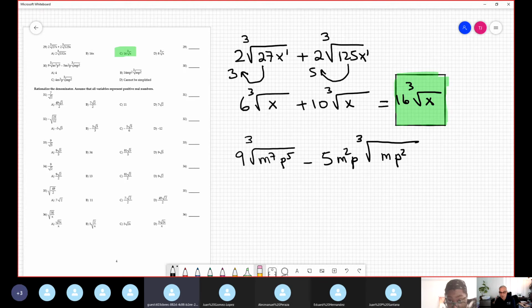It's obvious in the second term we cannot do anything, because the exponent 1 is smaller than 3 and 2 is smaller than 3. So we cannot simplify anything in the second. In the third, yes. In the first, yes.